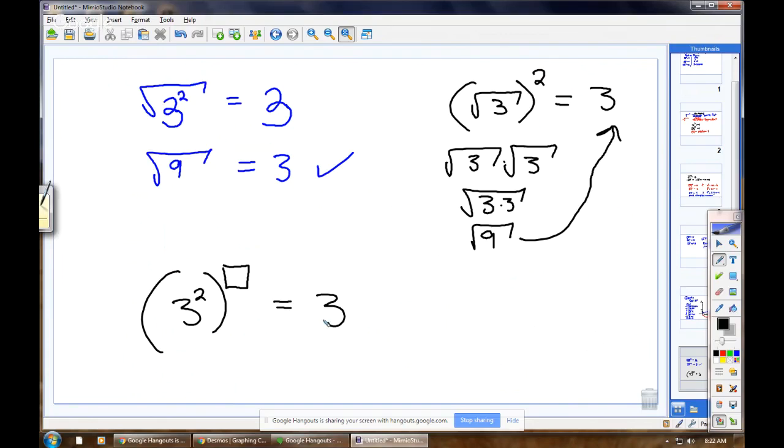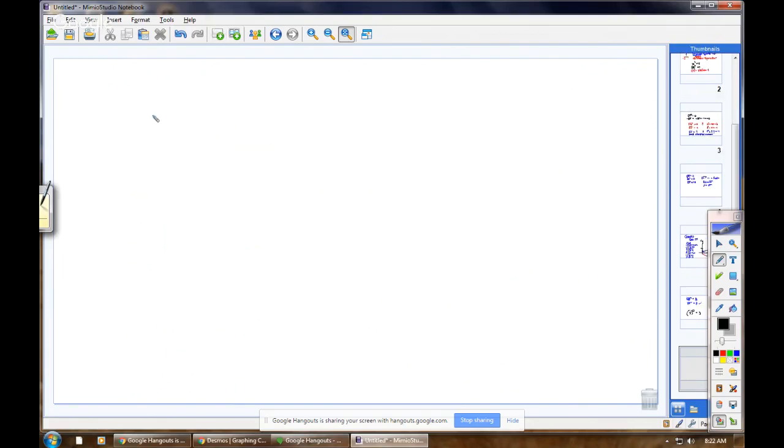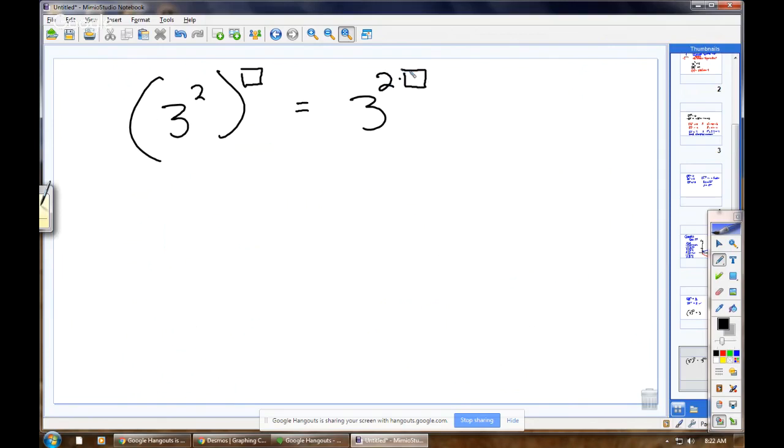What could happen there? Let's bring that up to a new screen. So I've got 3 squared to some other power. Power to a power, think way back to a previous course, you multiply them. So this is 3 to the power 2 times whatever box is. Now we want the answer to be 3. 3 is really 3 to the first. So what we can do here is we can isolate and say, well, that means this power has to be 1, because the bases are already the same.